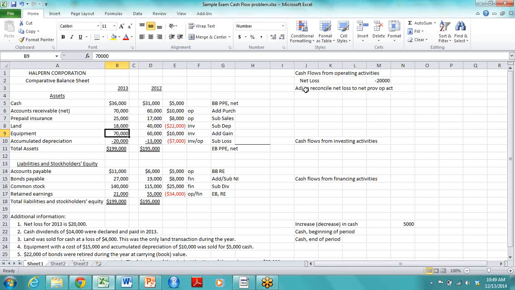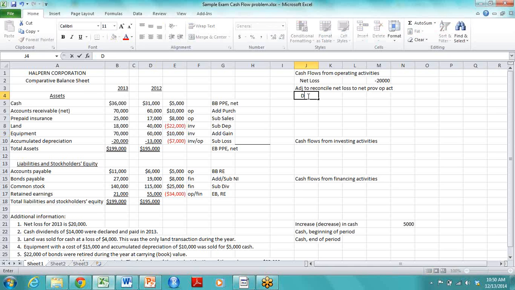We know we have depreciation because we've got equipment, and remember, equipment depreciates. So we're going to need to figure out depreciation expense. And land doesn't depreciate, so you're not going to have to worry about depreciation for land. So the only thing we have to worry about for depreciation is equipment.